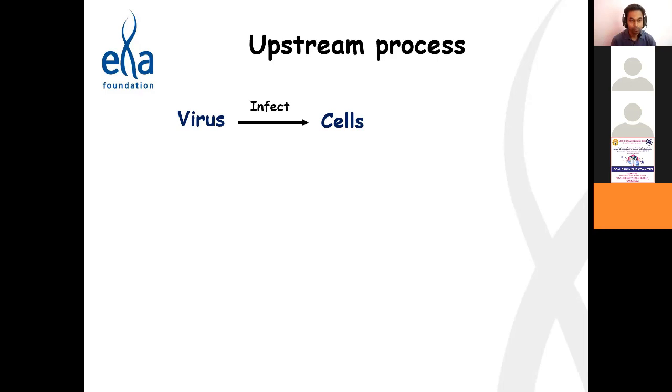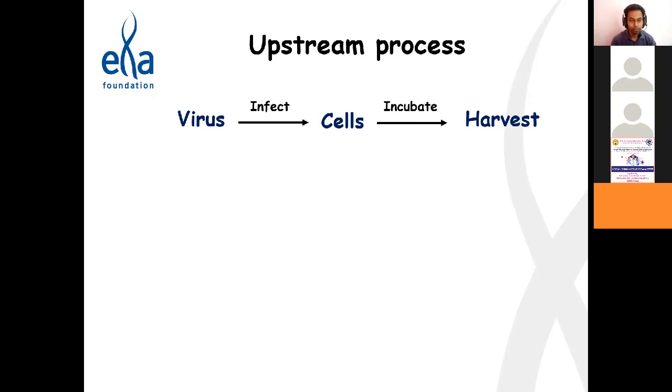So the characterization of the cell line is very important, and the characterization of the virus that is being used is also very important. So when we look at the upstream process, I have tried to put it in as simple as possible. You can see that the cells can be infected by virus, incubated, and later harvested. Up to this part, it is upstream process.